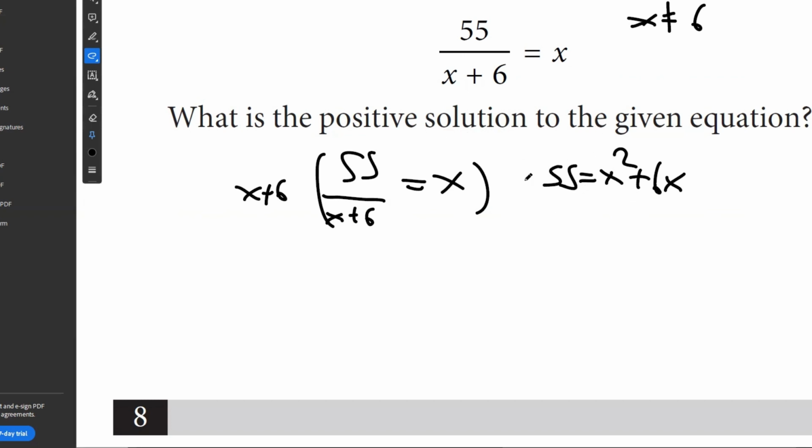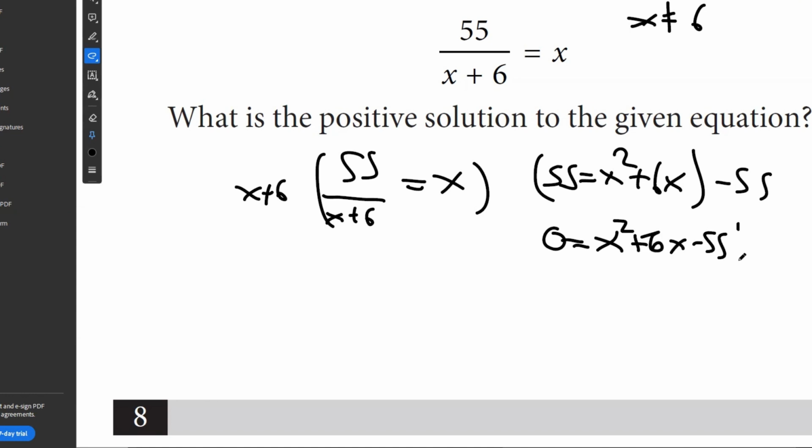So let's take 55 from both sides, negative 55, and 0 is equal to x squared plus 6x minus 55. Here is our quadratic form, which looks like a times x squared plus bx plus c.